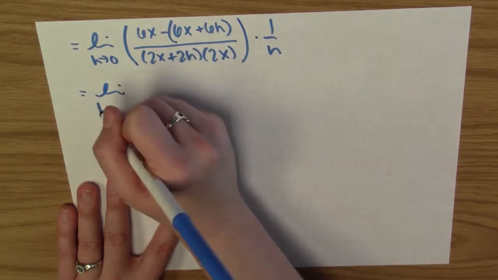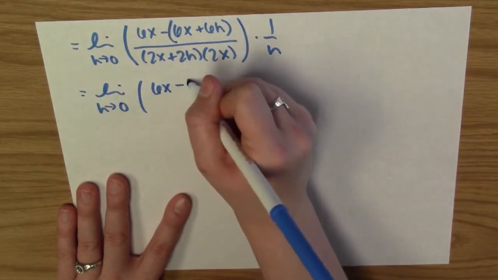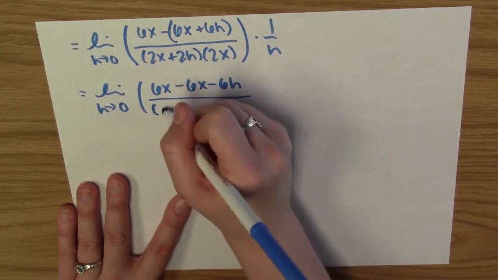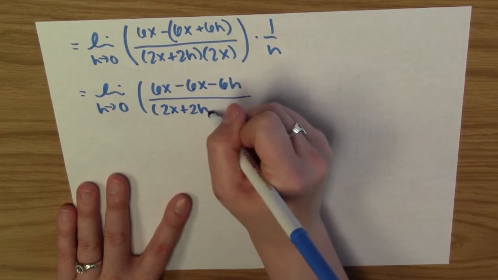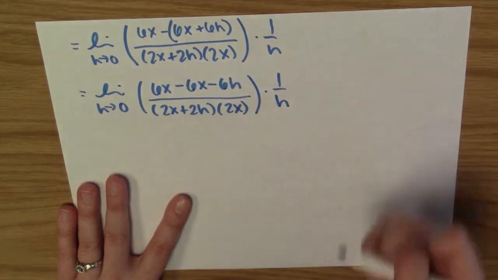So this is the limit as h approaches 0 of 6x minus 6x minus 6h all over 2x plus 2h times 2x times 1 over h.